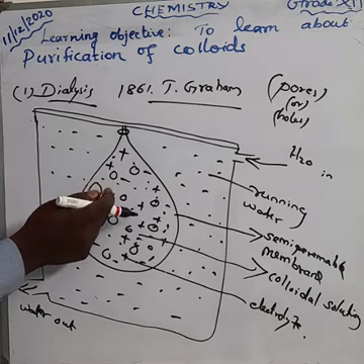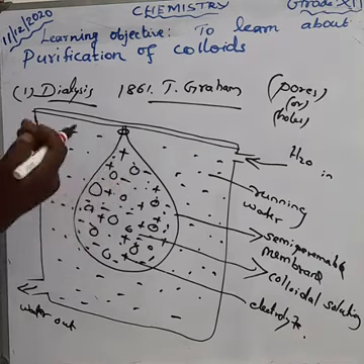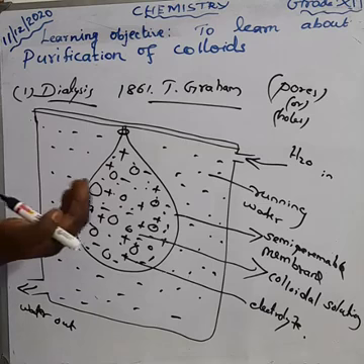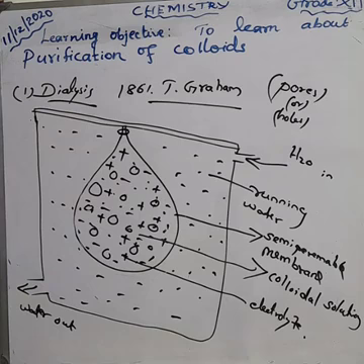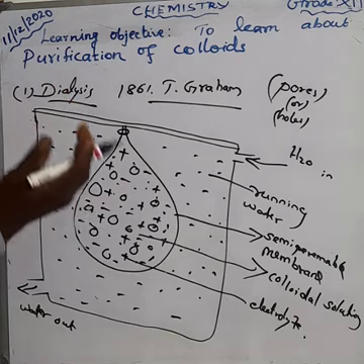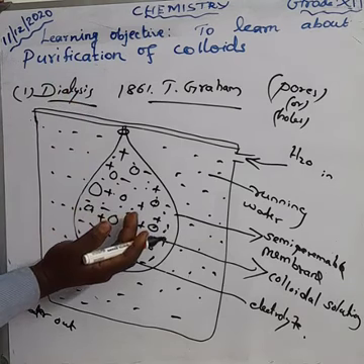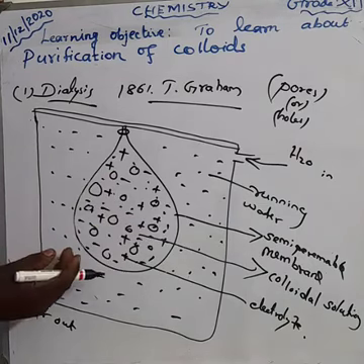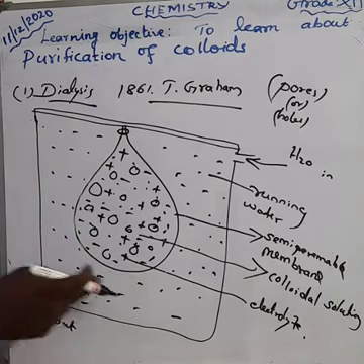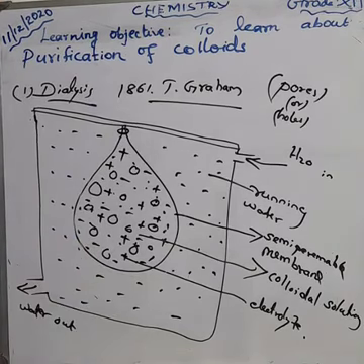Through those holes, all the electrolytes, positive or negative, are removed by the running water. The electrolyte diffuses out of the membrane and is carried away by this running water. This is about dialysis.